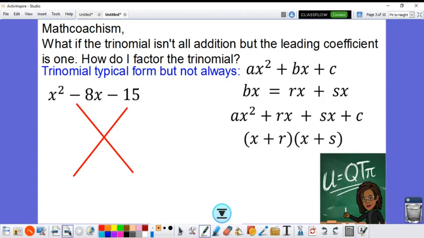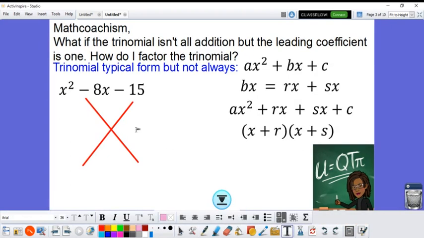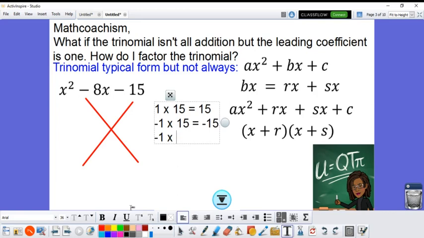This time I'm not going to use the x. I'm going to make a factor list. So let's do this. So we have 1. Let's use a different color. 1 times 15 equals 15. -1 times 15 equals -15. -1 times -15 equals +15. So we were able to get a -15.